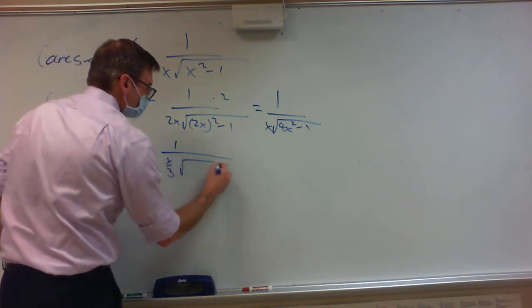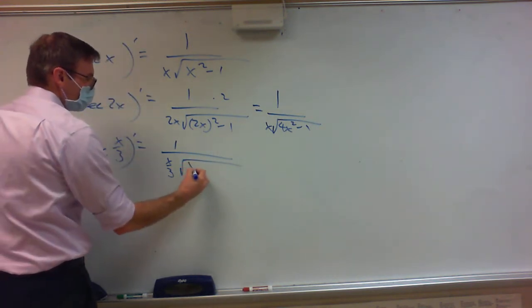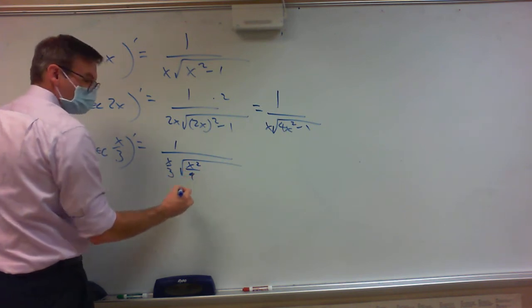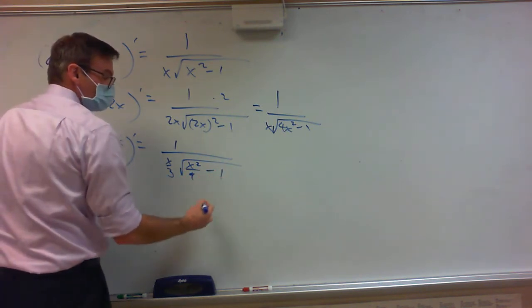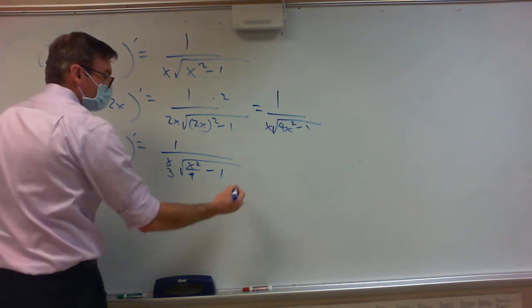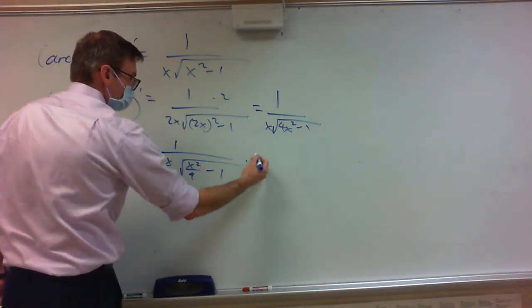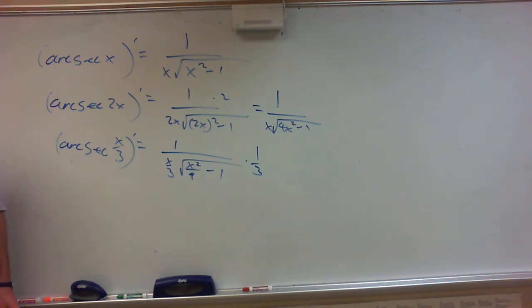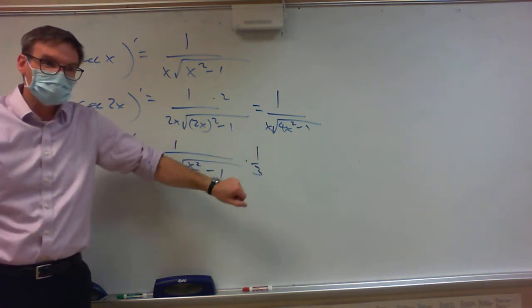I get the square root of this thing squared, which gives me x squared over 9 minus 1. And then I'm going to say times 1/3. Are we okay? Because the derivative of x over 3 is 1/3, so that 1/3 goes over here.